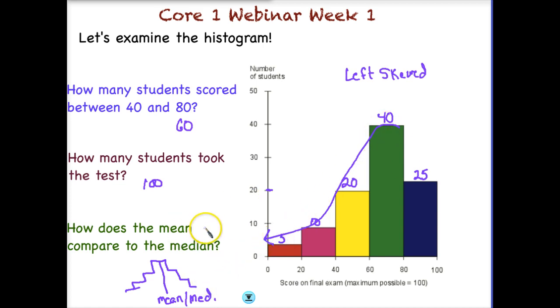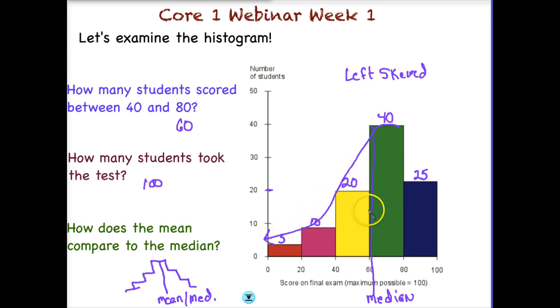So that brings us to comparing the mean and the median. Our median is still going to be in the middle of our data, right? So wherever our median is, it's still in the middle. I don't know where it is, but let's just say it's here. But here's what happens. When you have a skewed histogram, your mean is going to follow your tail. So which way is the mean going to go?